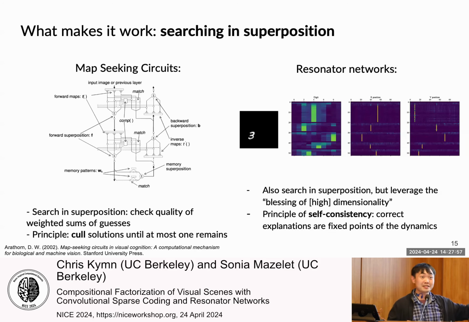Resonator networks are doing a similar kind of algorithm, but one, they're operating within this HD computing framework. And in addition, instead of culling, the idea is the principle of self-consistency. You want to look for correct explanations, and those are programmed as fixed points of the dynamics. So then you can tell if your particular solution is correct.